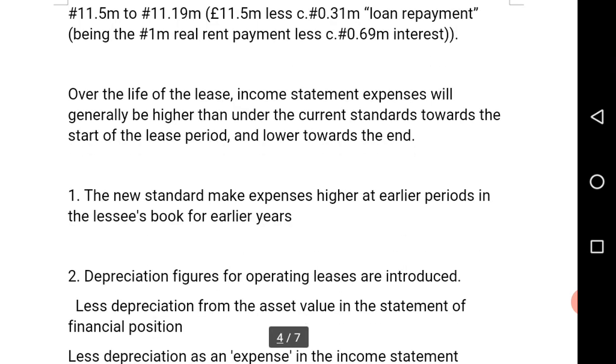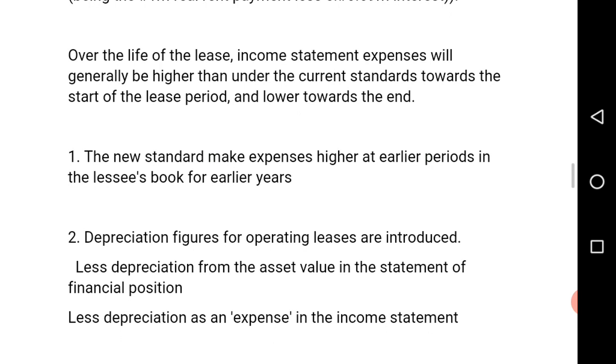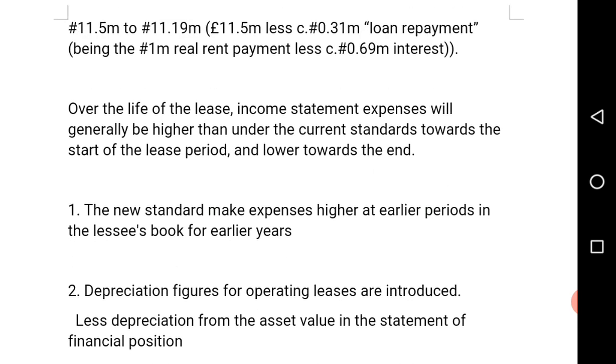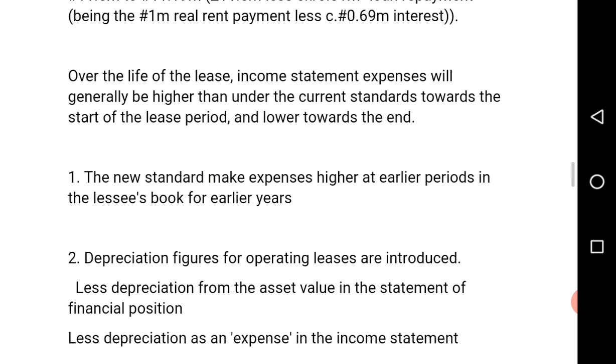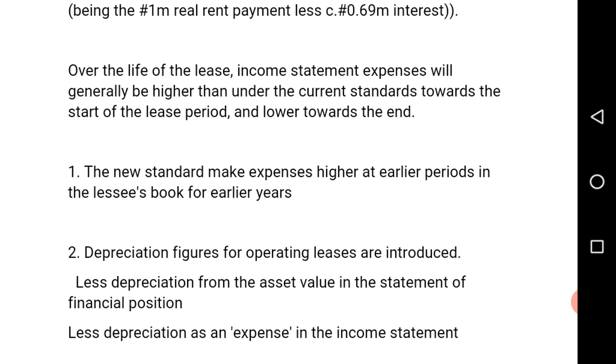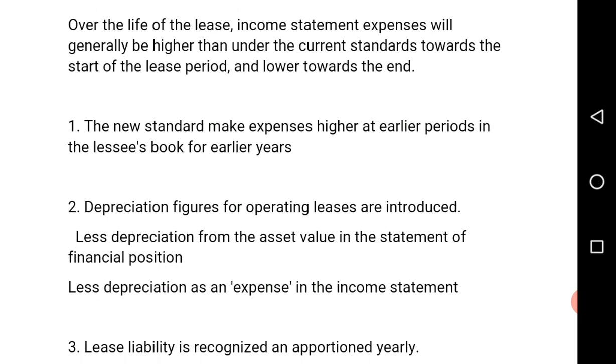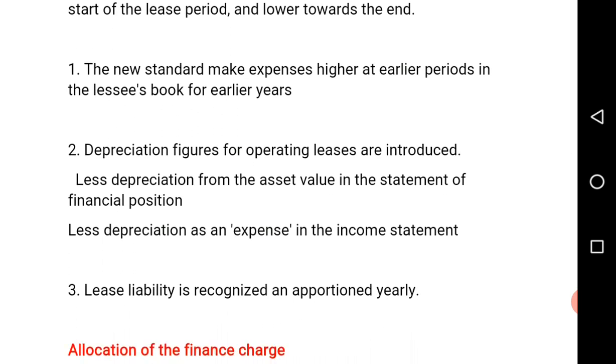which we said here rather. Then we have the new standard makes expense higher at earlier periods in the lessee's books for earlier years. Two, depreciation figures for operating leases are introduced. Previously, there was no depreciation for operating leases in the lessee's books.